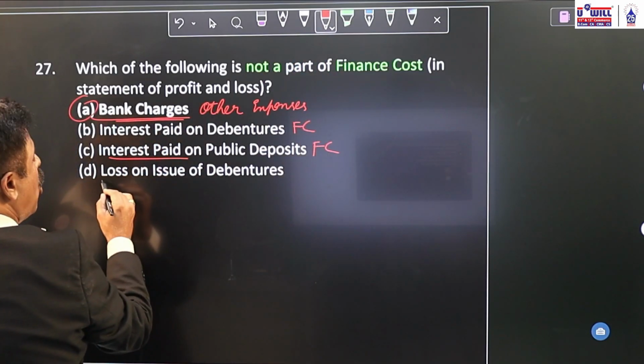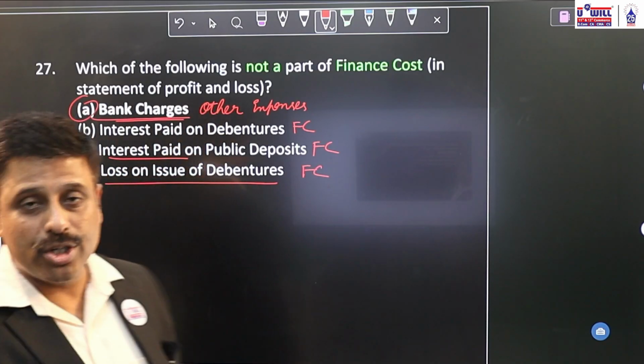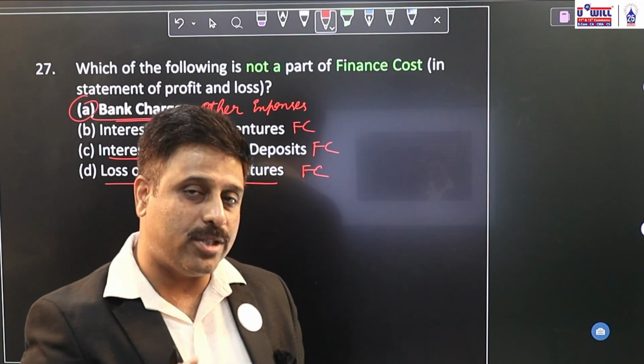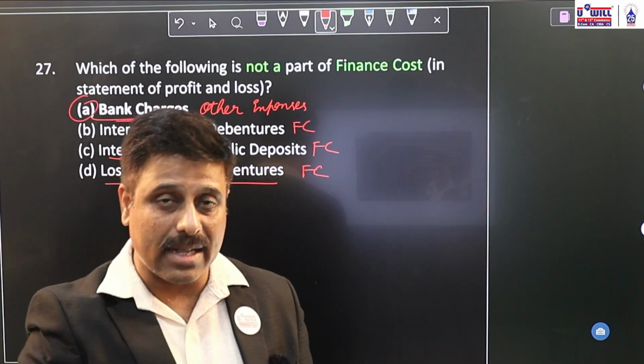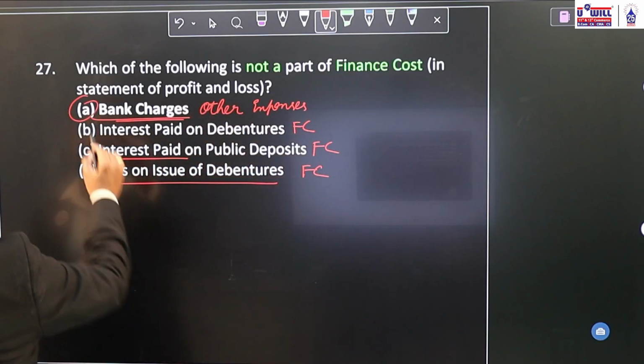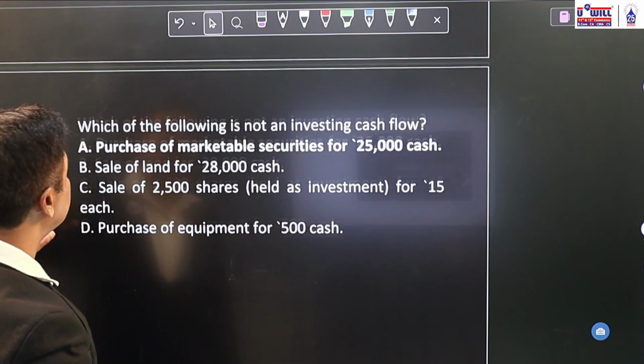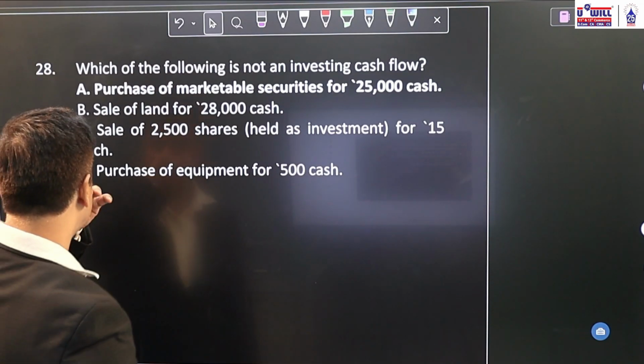And even loss on issue of debentures, we include in finance cost. Preliminary expense, underwriting commission, all these things written off are a part of finance cost. So option A is the correct answer. Bank charges we don't include in finance cost, but we include it in other expenses.